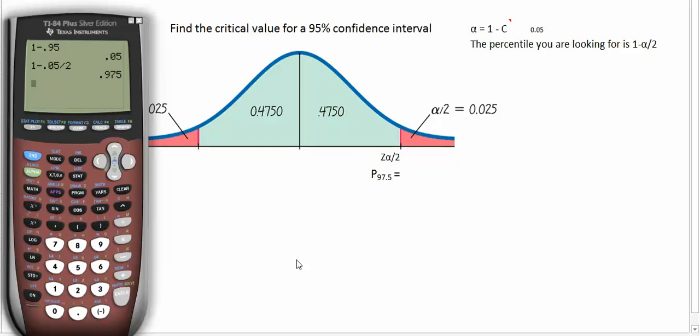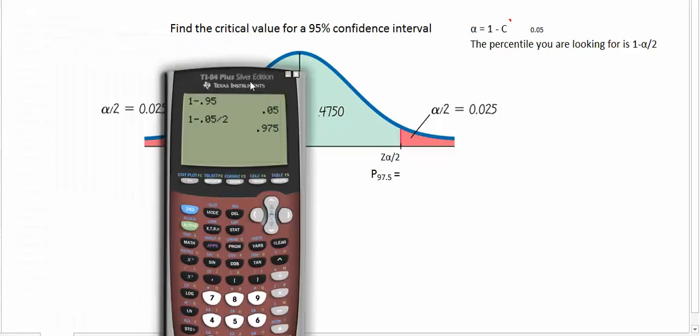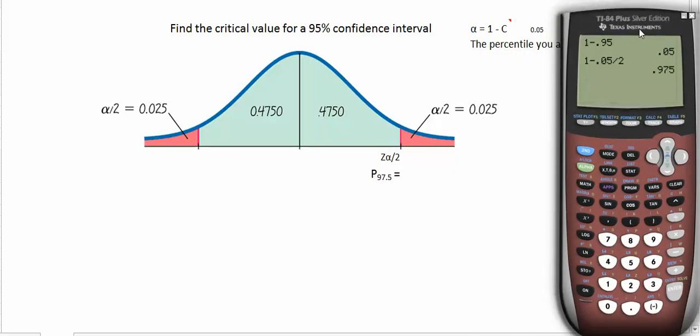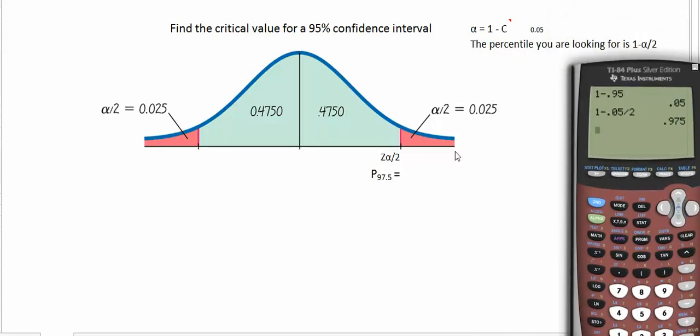And you get the 0.975. Again, I think it's really easier to visualize it, so I suggest that you draw the sketch and just kind of visualize it and figure it out that way. It's a simple subtraction. Once you know this upper tail, you just do 1 minus that value.